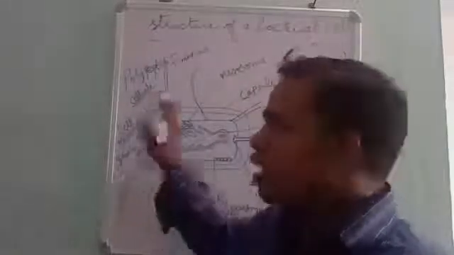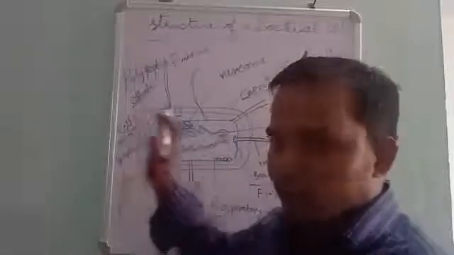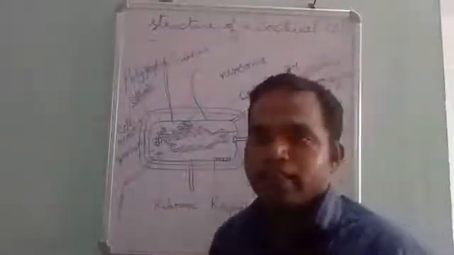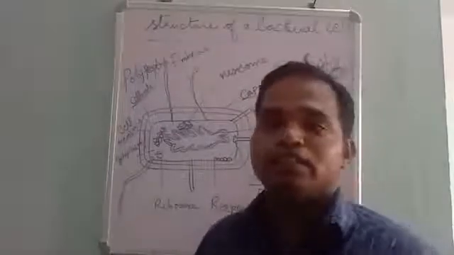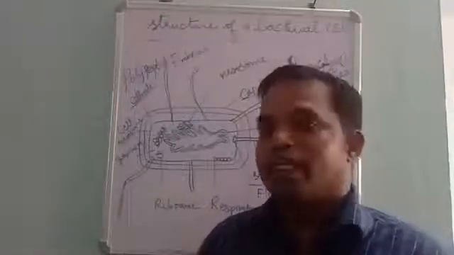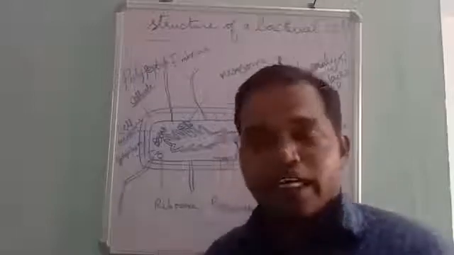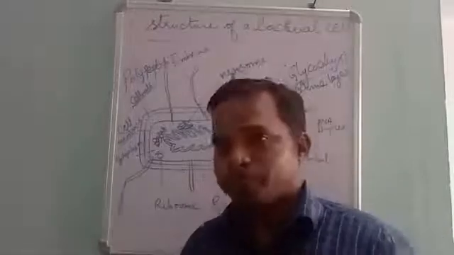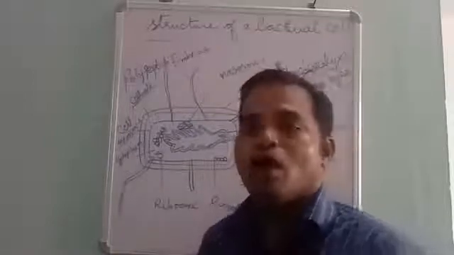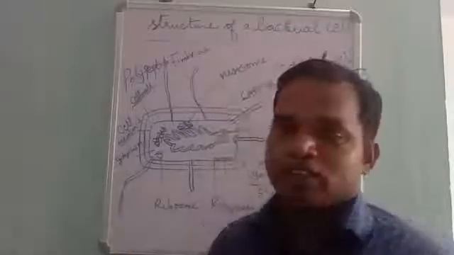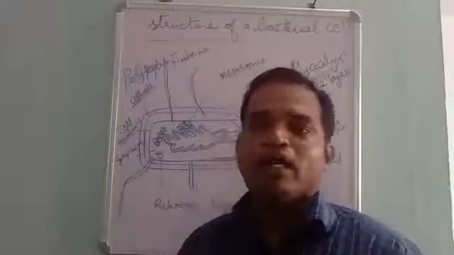Once the bacterial cell wall is lysed by the antibiotics, the bacterial cell has no more capability to synthesize or replicate its own DNA and genetic material, or to multiply. All these things are prevented once the cell wall is lysed with the help of antibiotics.